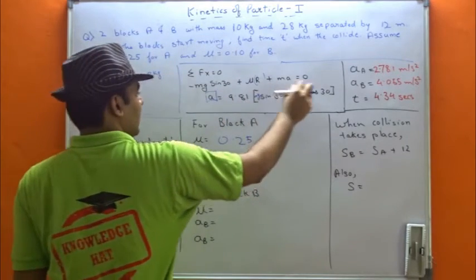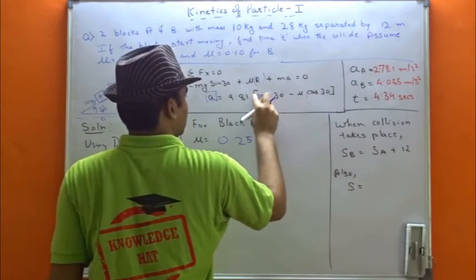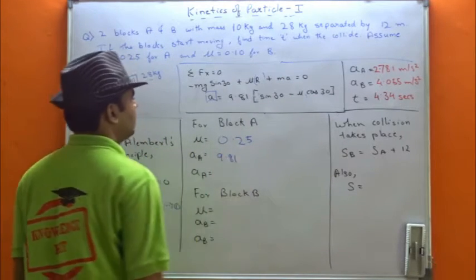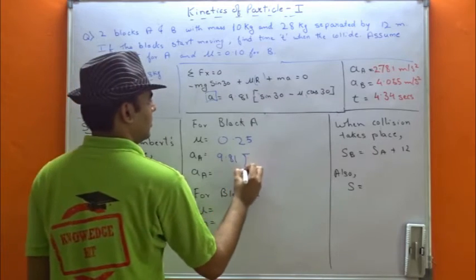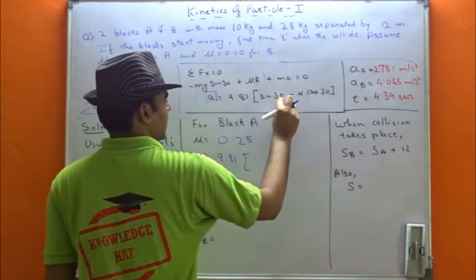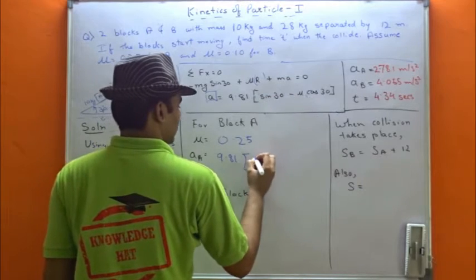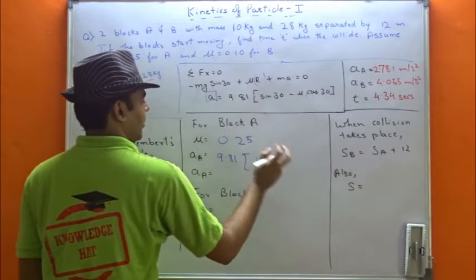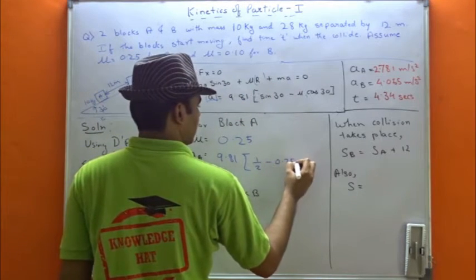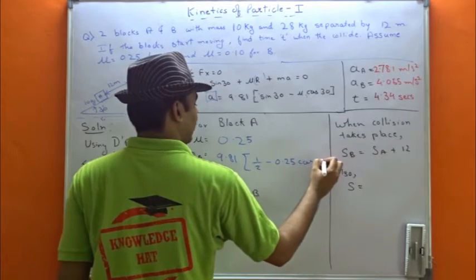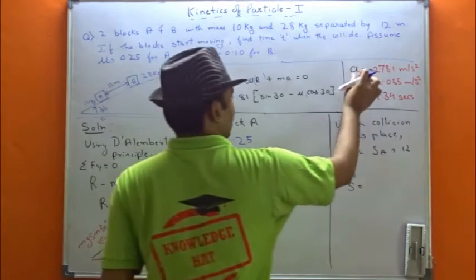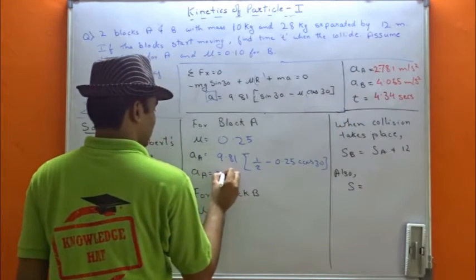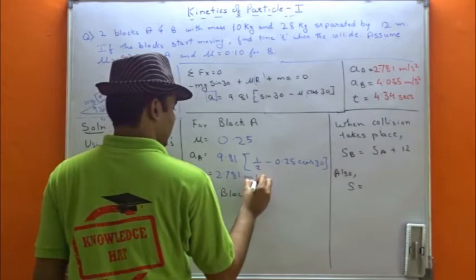So just simply substituting the values, this will be 9.81 into sin 30, which is 1 by 2, minus mu, which is 0.25, times cos 30. And when we calculate this value, we get the acceleration of block A as 2.781 meters per second square.